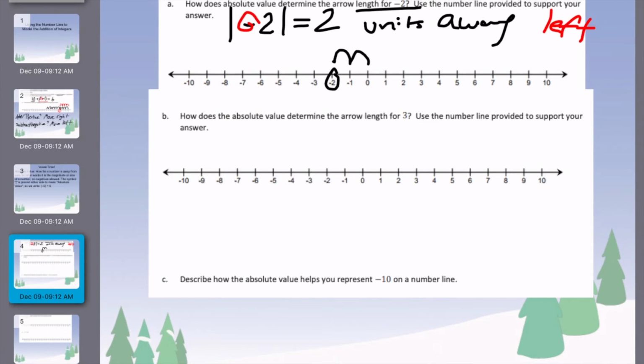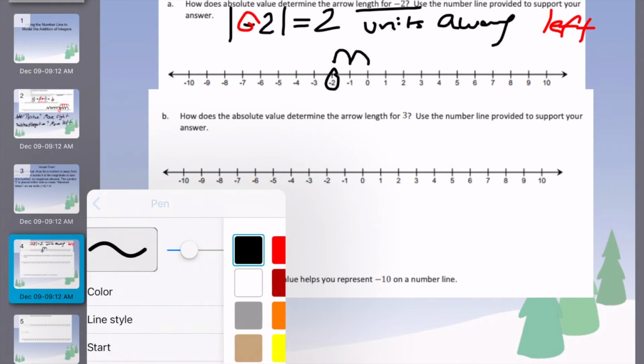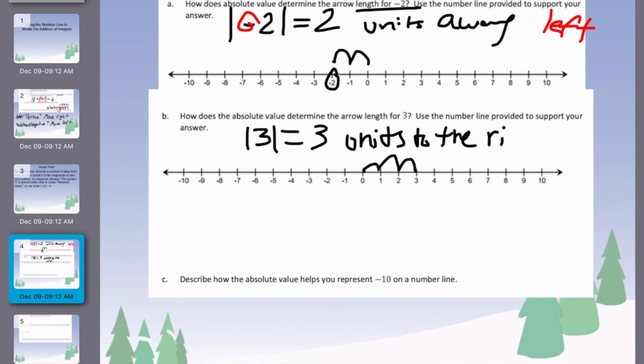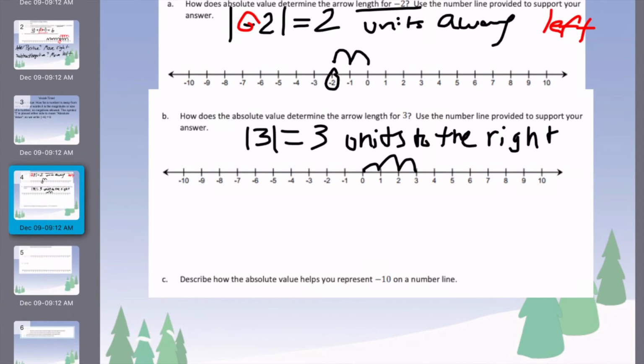How does the absolute value determine the arrow for length 3? Well, I know the absolute value of 3 is just 3. So that tells me it's 1, 2, 3 units to the right. And part C, describe how the absolute value helps you represent -10 on a number line.